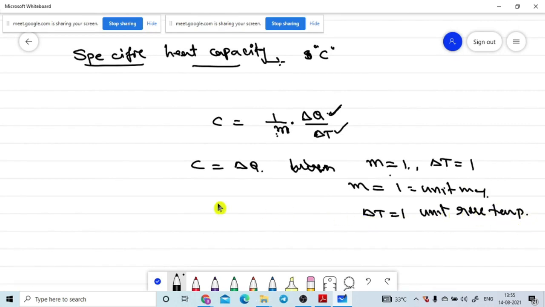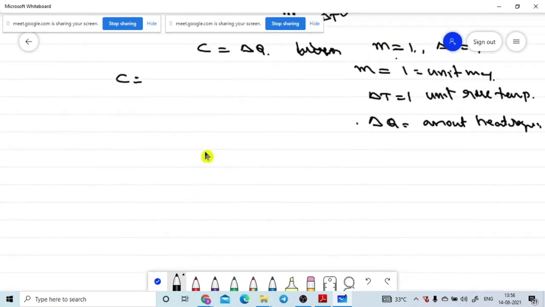So delta Q is nothing but the amount of heat required. So C is nothing but the amount of heat required to raise the temperature of unit mass of substance by 1 degree Celsius. Definition is correct, no? Let me write the definition.